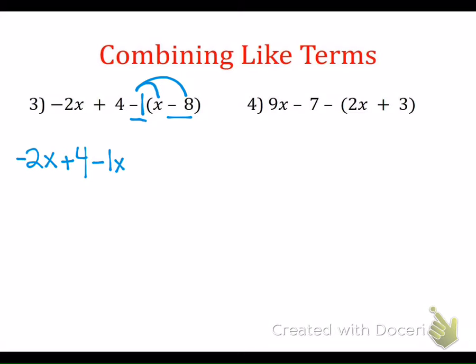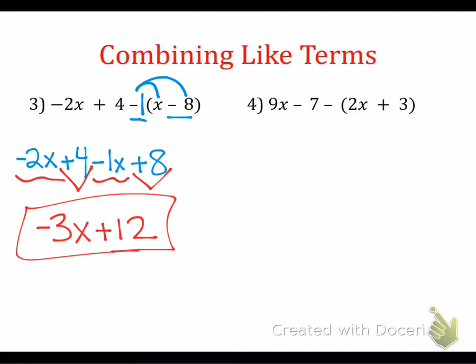What is -1 times -8? 8. Plus 8. Good. Now we can combine the things that are alike. I see 2 spots with x's, both negative, so keep the negative sign. -3x. Our constants, we have a +4 and a +8, gives me a +12. Perfect.